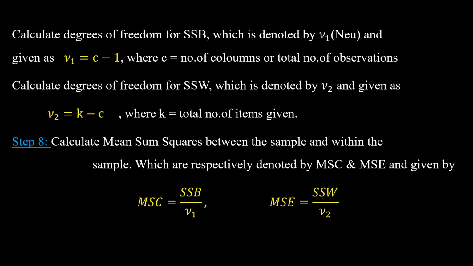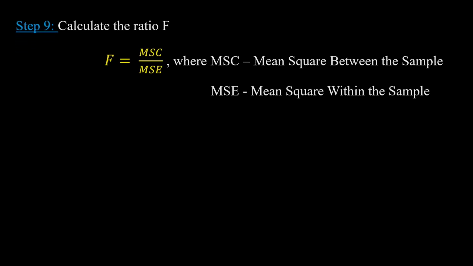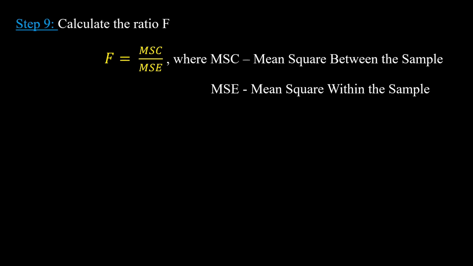MSE is SSW divided by nu2, the degrees of freedom for SSW. Step 9: calculate the ratio F. F is equal to MSC divided by MSE.